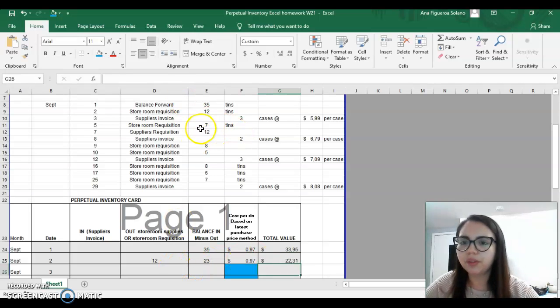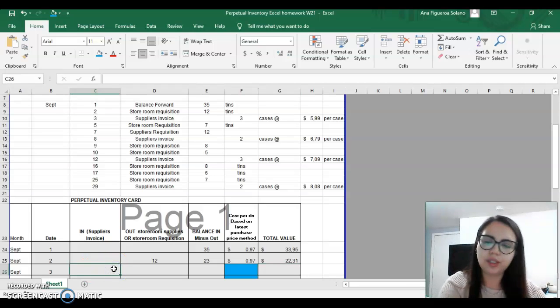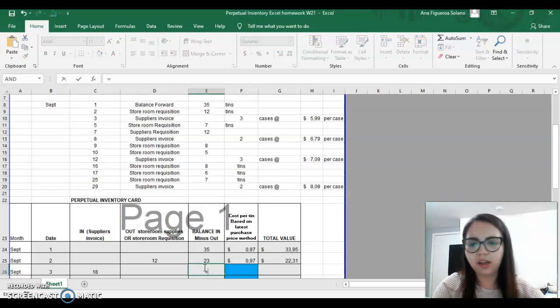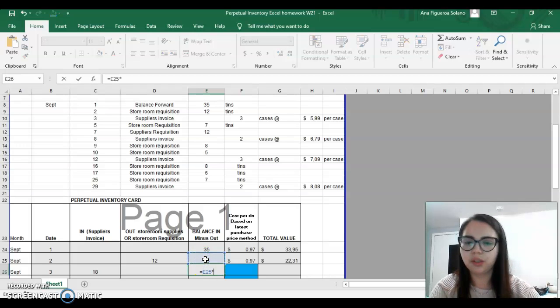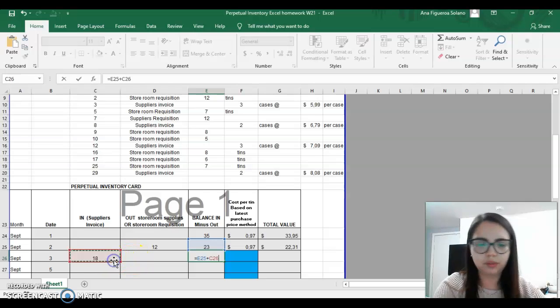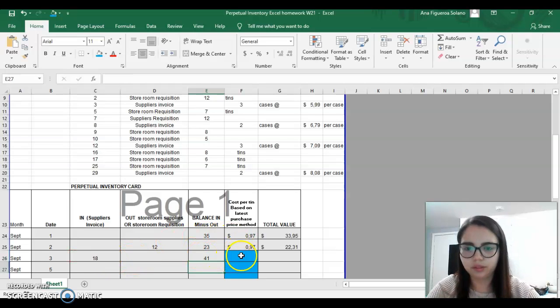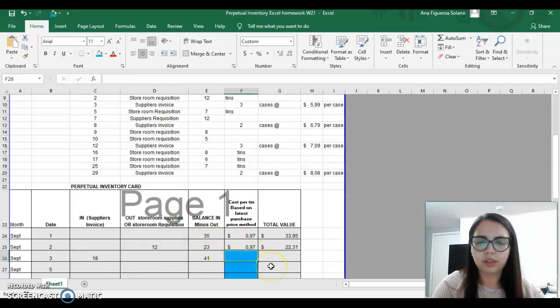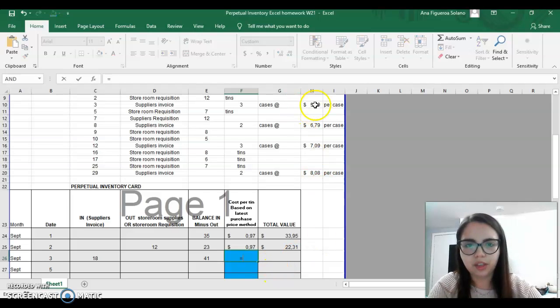For September 3rd, we have an invoice of 3 cases. That means 3 multiplied by 6 would be 18. And we add this up, the one that we already had, and the new ones. Okay. For the price, we're going to take the $5.99.